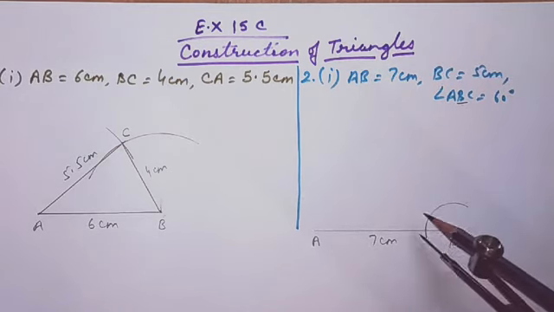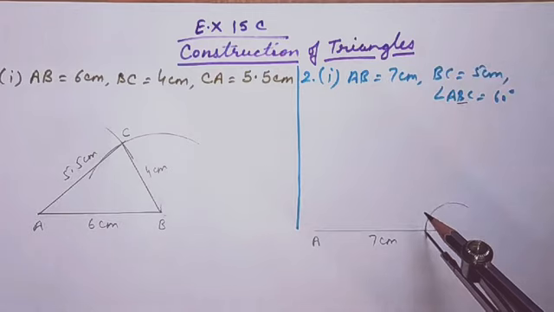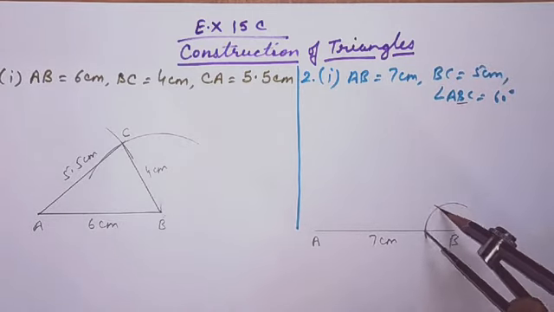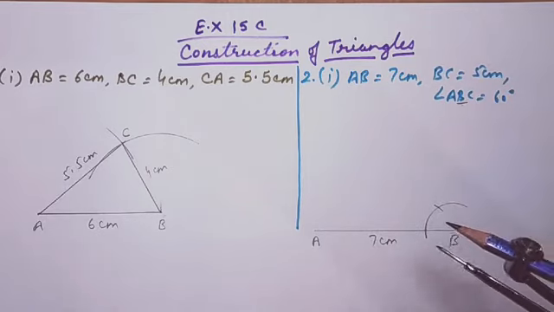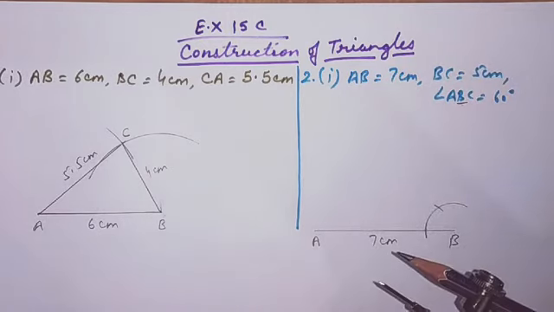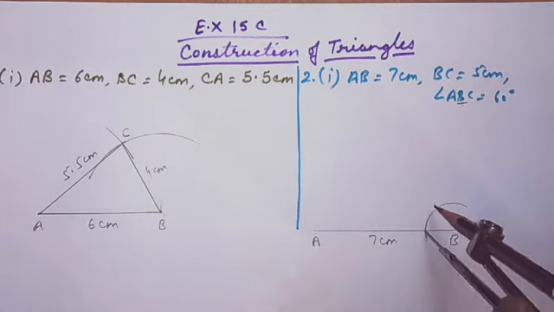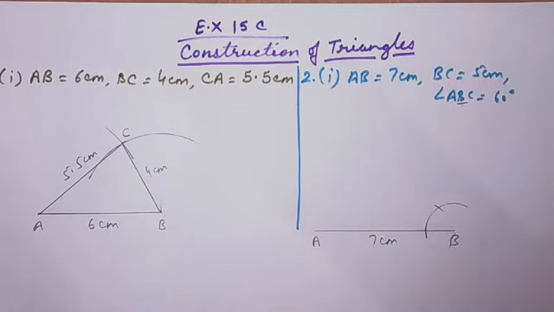Now where this arc intersects AB, at that point I will place the tip of the compass and mark another arc of the same length. Okay, I have not touched the compass. I have kept the length as it is. So on placing the tip of the compass here, I mark another arc.